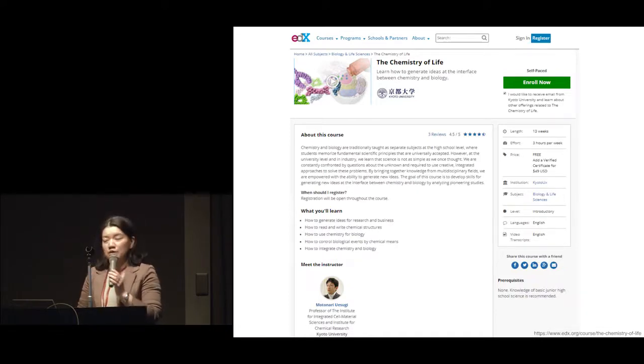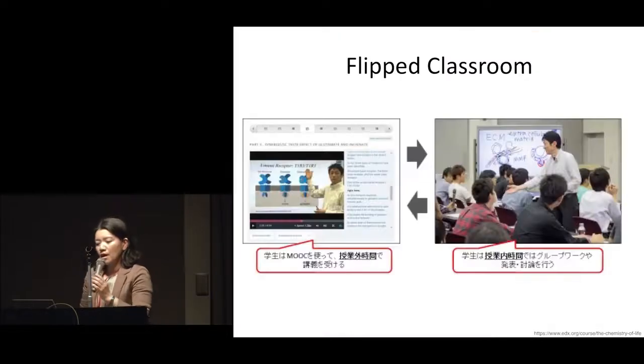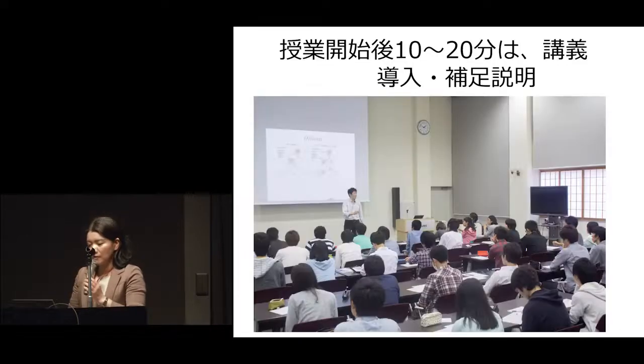And as Professor Sakai introduced earlier, one example is the MOOC-based flipped class. Professor Uesugi's class, he had in his mind to use a MOOC-based flipped class from the very beginning.